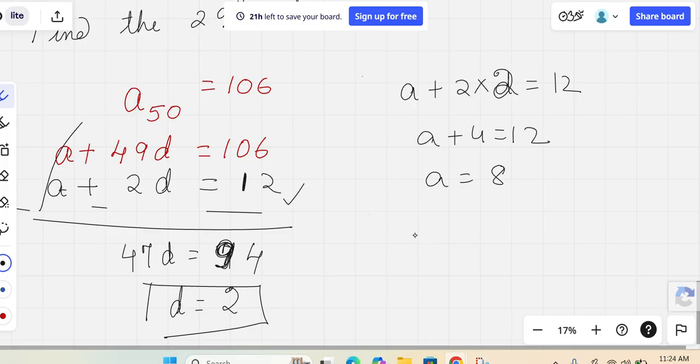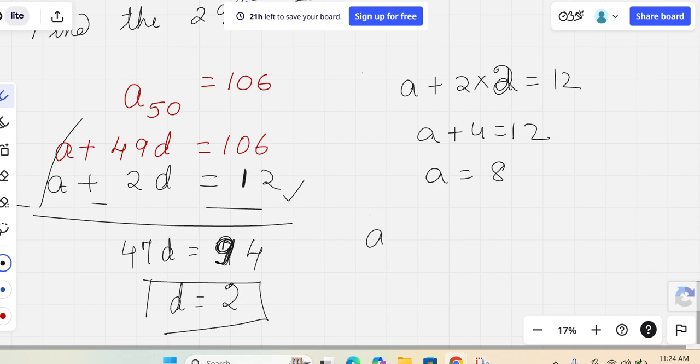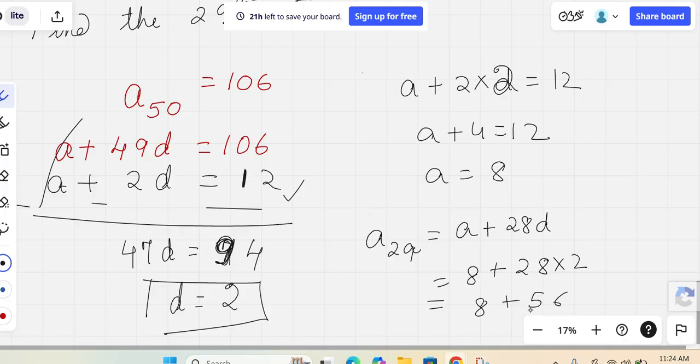Now find the 29th term. A29 equal to A plus 28 into D. That means 8 plus 28 into 2. That means 8 plus 56, which is equal to 64. That is your answer.